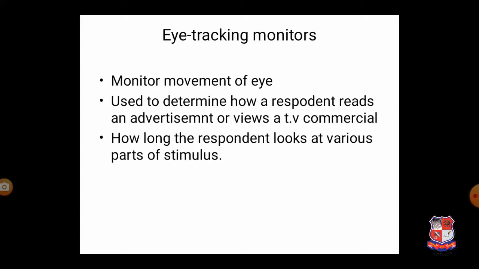Here we can understand whether the customer gives more importance to the price, the packaging, or the advertisement. If the customer looks more at the advertisement, then we can say that the advertisement is the most important factor. So using the eye tracking monitor we can understand the movement of the eye.